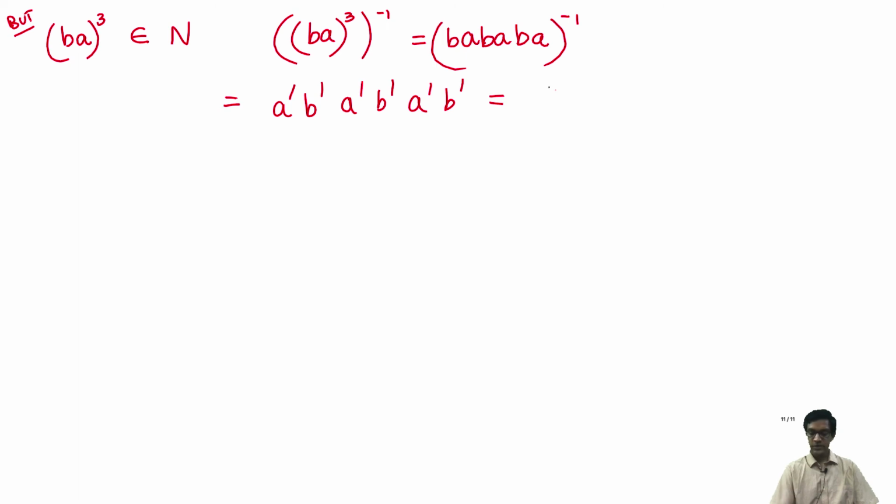But then recall I can change all the primes to the unprimed alphabets without changing the N. So I have to put N's everywhere.